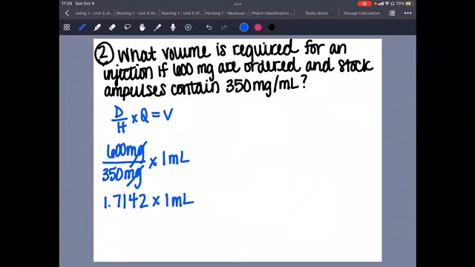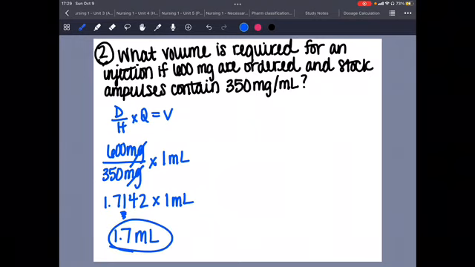But typically with dosages, they go by the first decimal place. So you should remember your rounding rule. If it's 5 or above, you round up. If it's 4 and under, you round down. So the second decimal place, which is 1, since it's that 1, we're just going to keep it the same. So it'll be 1.7 mLs for this dose.